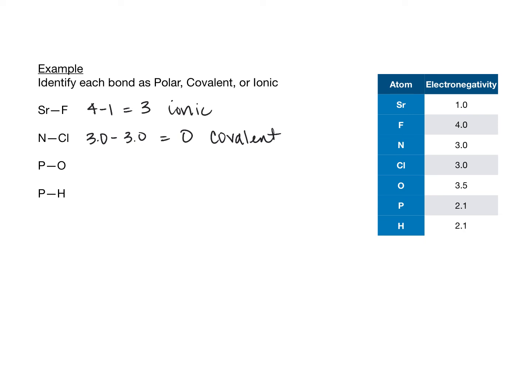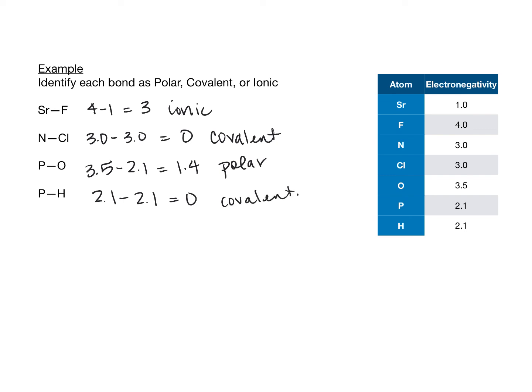What about a phosphorus-oxygen bond? 3.5 minus 2.1, 1.4. Polar. We can also look at a phosphorus-hydrogen bond of 2.1 minus 2.1, and that equals 0. So that's covalent.